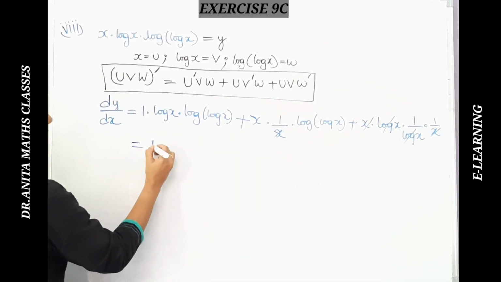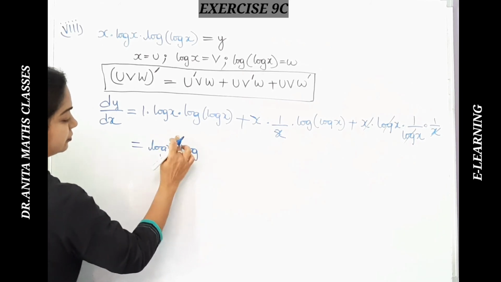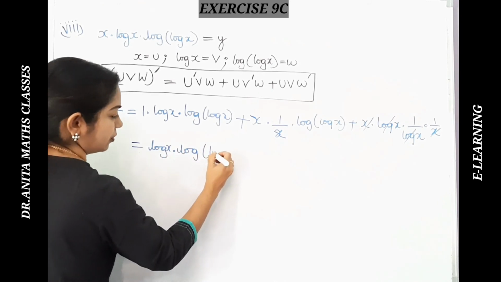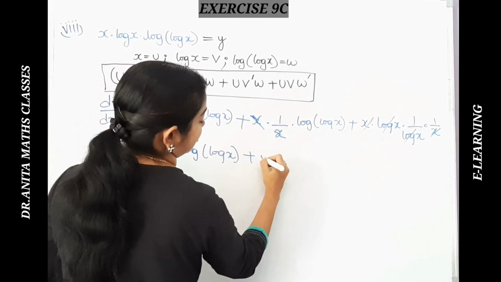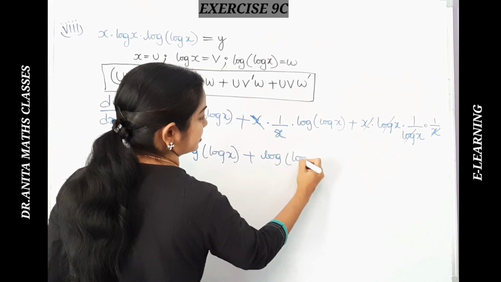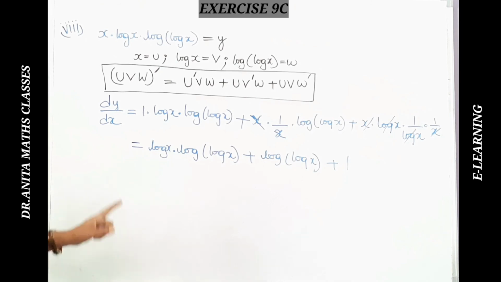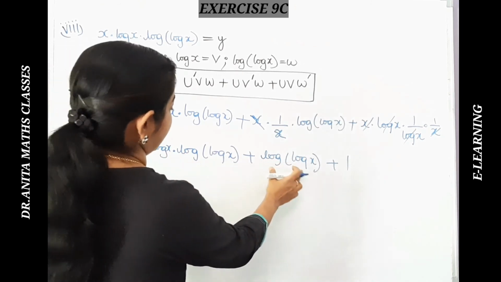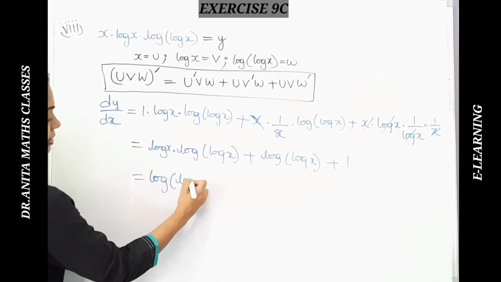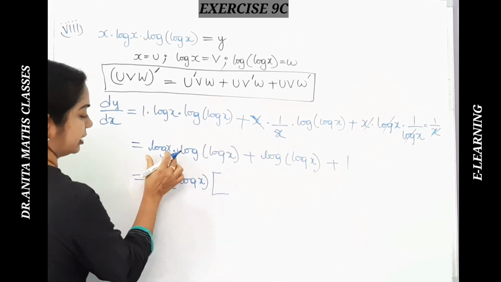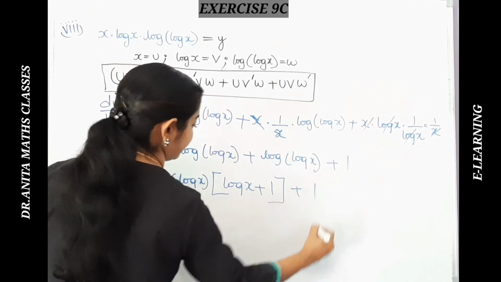So we get it as log of log x here, plus just log of log x plus 1 here. Okay, here see, if you are writing log x, log of log x, you can take log of log x common here. If you take it common, you get log x plus 1 here, and still 1 is left over here.